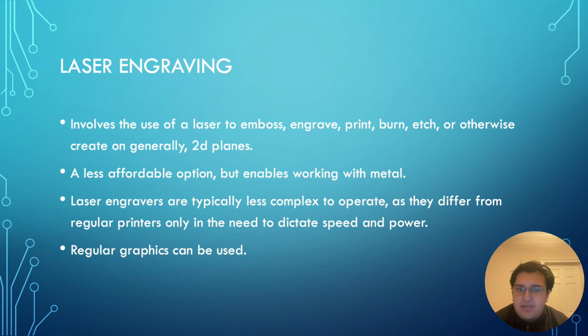These are typically less complex to operate because they're two-dimensional, and they differ from regular printers only in the need to dictate speed and power, which is important because if you use a laser on full power, it might catch your wood piece on fire, where you might need full power to cut metal. You just have to know the materials that you're working with and the specs of your machine.